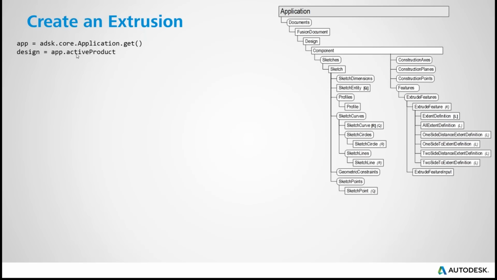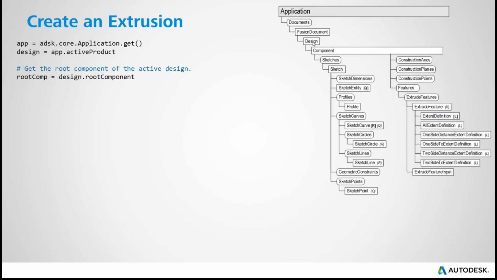Drawings would be stored in their own clump. What active product is doing, and in this case I'm just assuming that a design is open, because if something else was open this would break, is asking the app, give me what the user is currently editing. It returns that product, which in this case happens to be a design object. So now I have this design object that you can see in the chart.